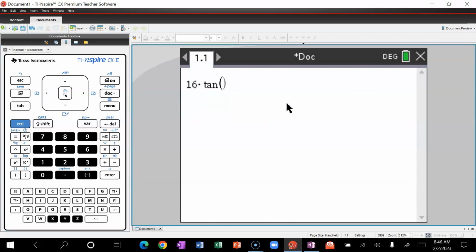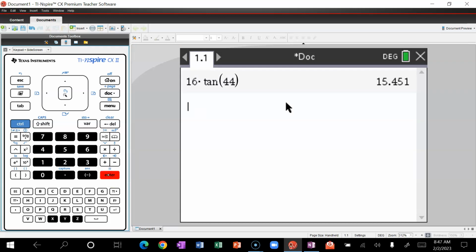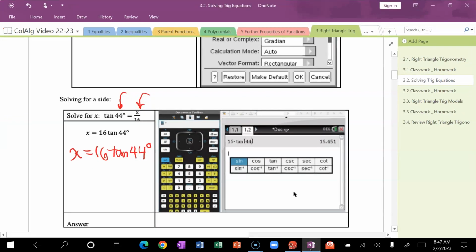It's the tangent, so 16 times the tangent of 44 degrees, hit return, and 15.451. So my answer is 15.451.